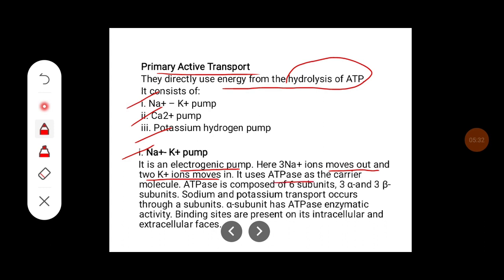It uses ATPase as carrier molecule, and ATPase is comprised of 6 subunits, 3 alpha and 3 beta subunits. Sodium and potassium transport occurs through the alpha subunit. The alpha subunit has ATPase enzymatic activity too, and binding sites are present on its intracellular and extracellular phases.